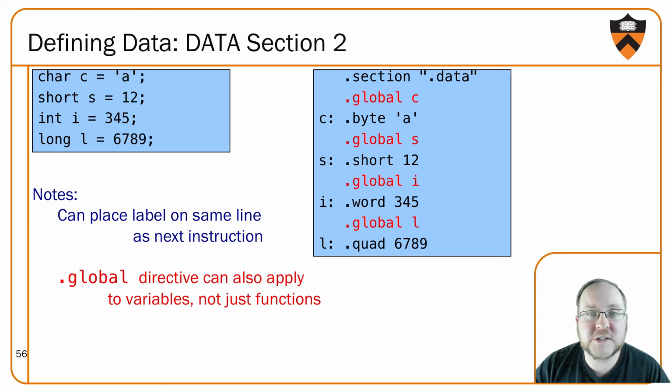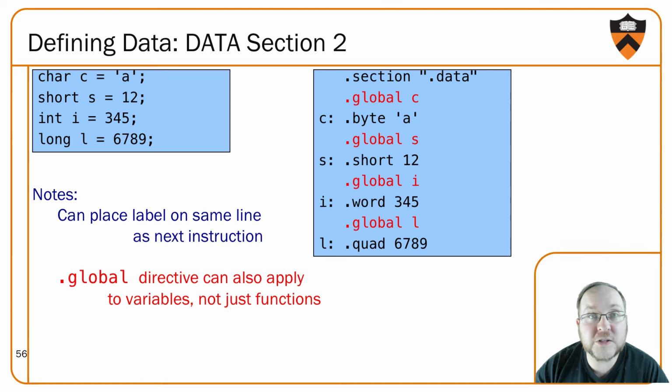A couple more notes. I'm sorry, we've shown you labels to go on the previous line, but they can go on the same line. That's totally okay. It's basically whatever looks better to you, and it might depend on the context.